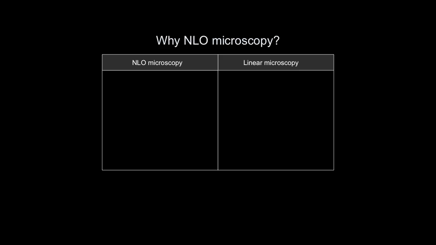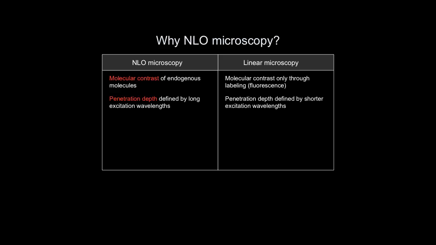photons. And now one more thing before we go to the Jablonski diagram for the two photon. I just wanted to summarize again the differences between nonlinear optical microscopy and linear microscopy. With nonlinear optical microscopy, we can use the molecular contrast of endogenous molecules, and this really opens the way to image living tissues, as opposed to linear microscopy, where the contrast is obtained only through labeling.